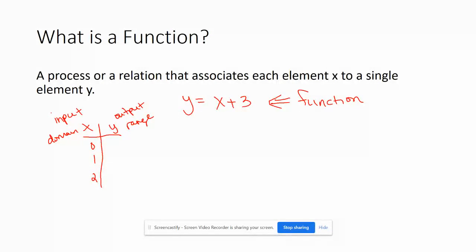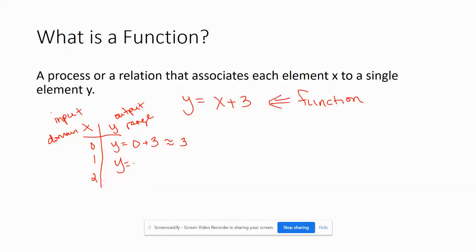If I input 0 into this function, I will have y equals 0 plus 3. Now, 0 plus 3 is 3. Therefore, my y would be 3. Same thing here. Y equals, and this time I'm going to put a different input. My input is 1 here.